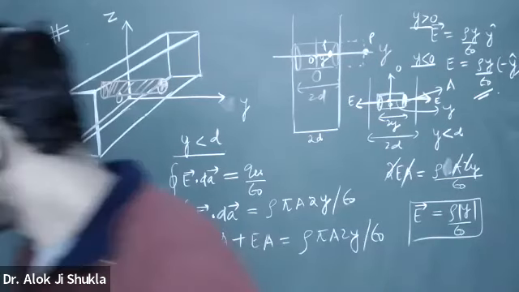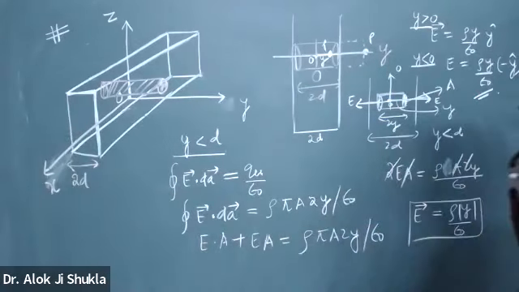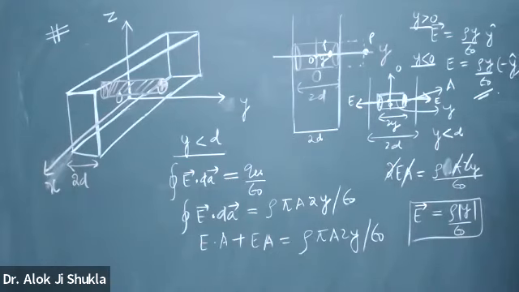Sir, the pi factor? Pi was not there. Area is written fully as capital A. No requirement of pi. Sir, please explain this term rho A 2y by epsilon naught.